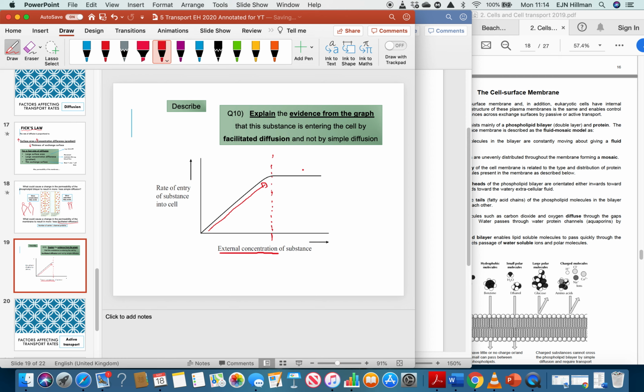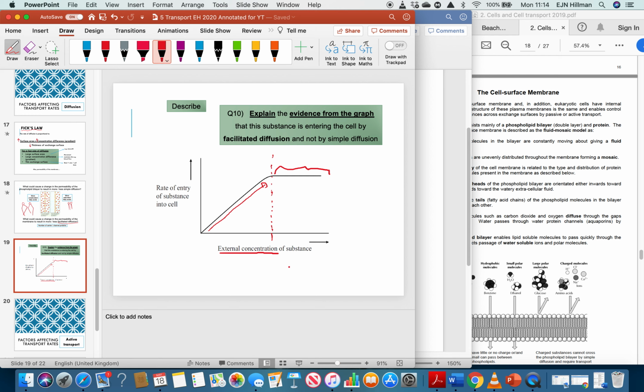And that is because between here and here, the number of carrier proteins, or perhaps channel proteins, is limiting any further rate. And that is because those carrier proteins or channel proteins are transporting the substance at their maximum rate.